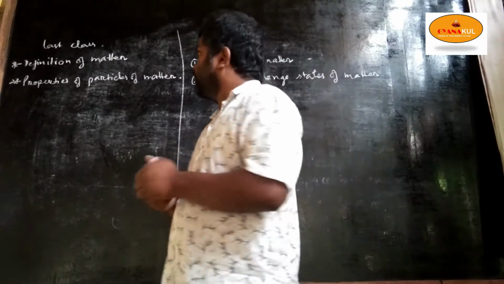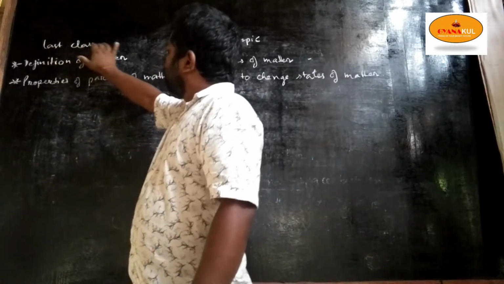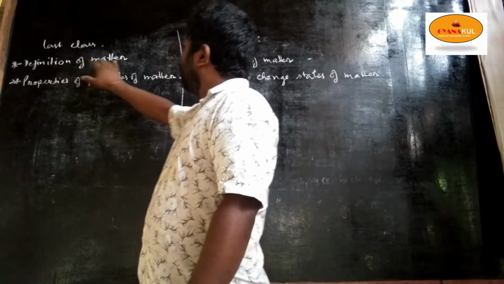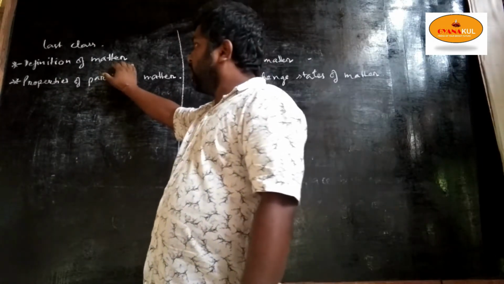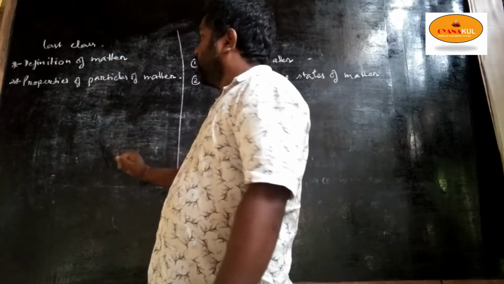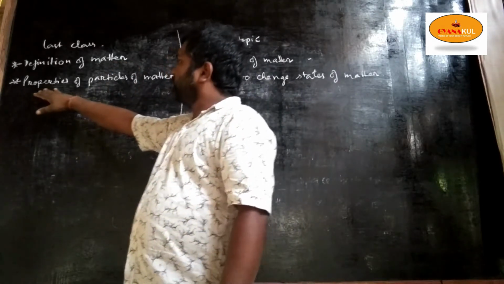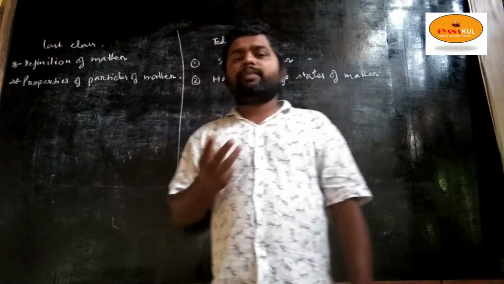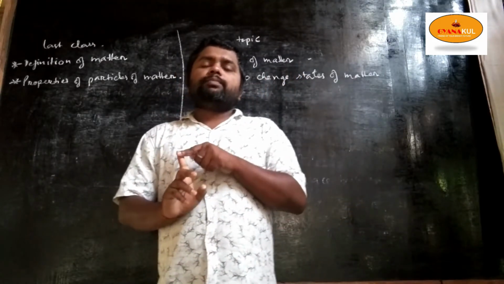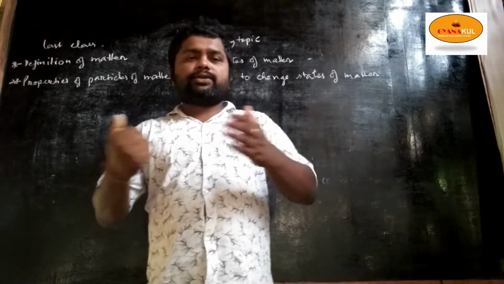Yesterday, in the last class, we saw the definition of matter. Also we have seen examples of matter, correct? Also we have discussed the properties of particles of matter. There were three properties. One is particles of matter attract each other.